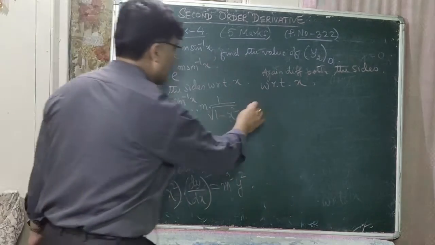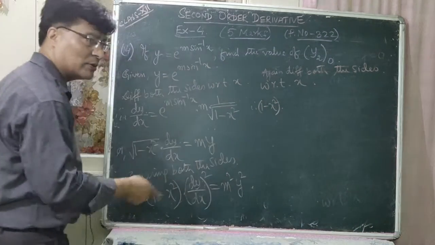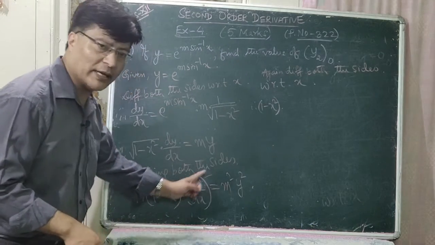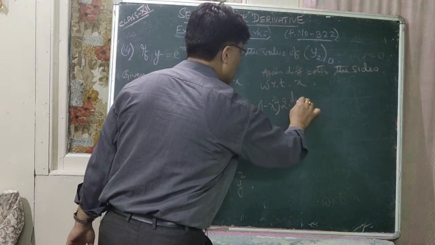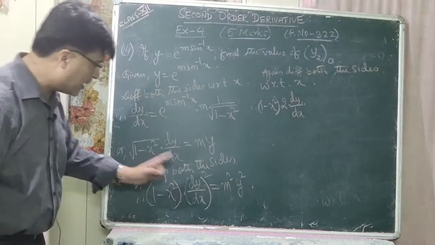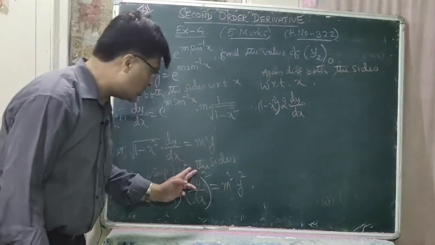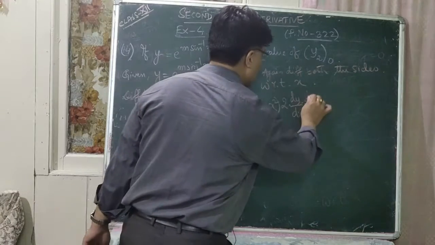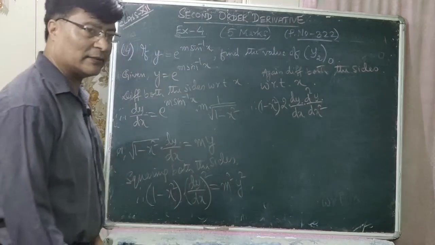Keeping the first term as it is, therefore 1 minus x square into the differentiation of (dy by dx) whole square. It is in the form x square. What is the differentiation of x square? It is 2x, so 2 into dy by dx into, now again differentiate the function which is termed as x. That is dy by dx, differentiating it again gives d2y by dx square. Is that clear?